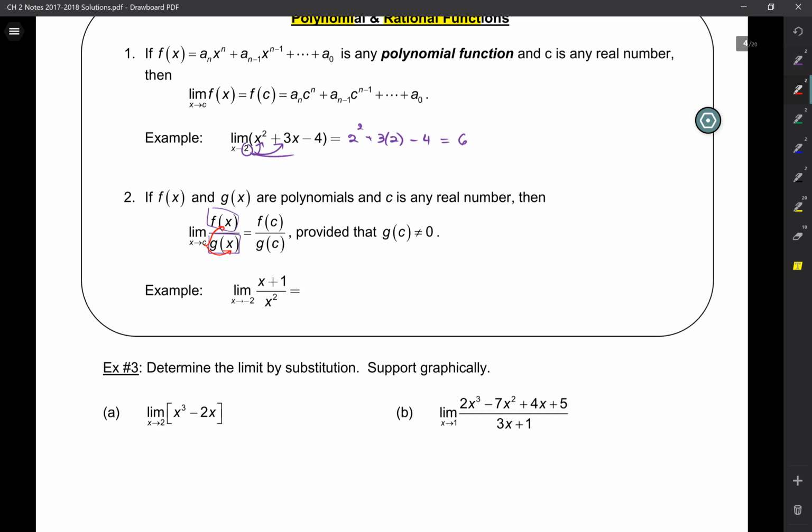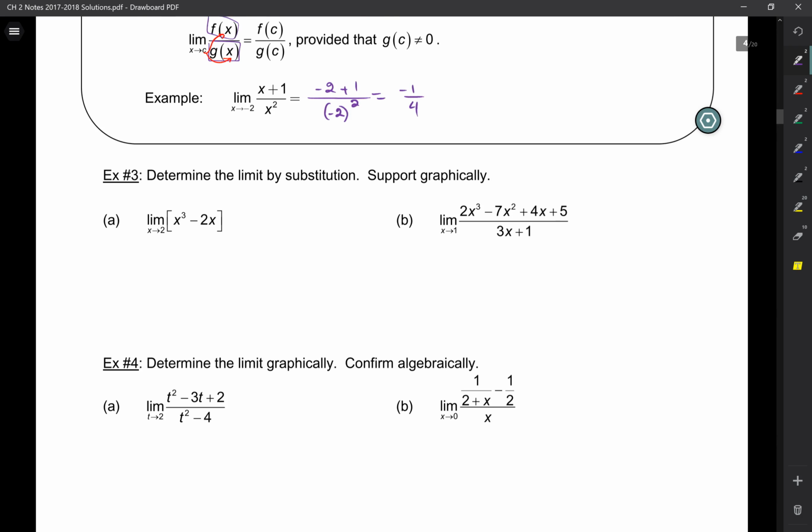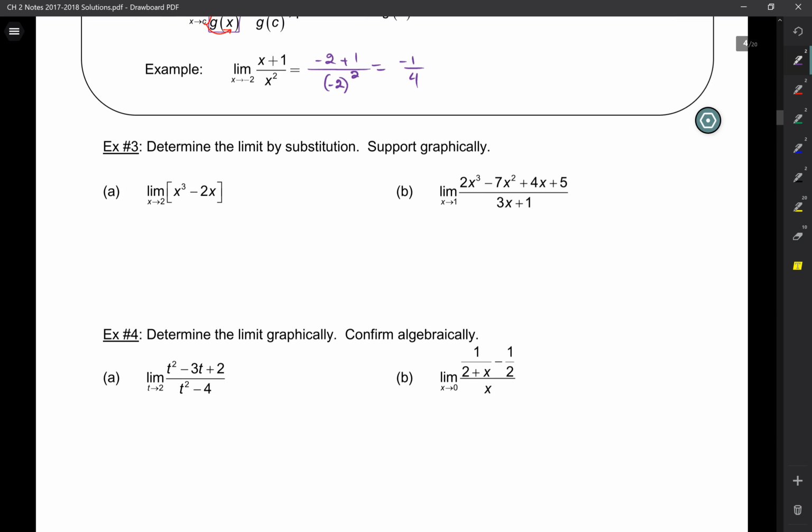So in this case, it's just going to be negative 2 plus 1 over negative 2 squared. And please let's not forget the parentheses there. So negative 1 over 4. You can just leave it like that. Here, same situation.